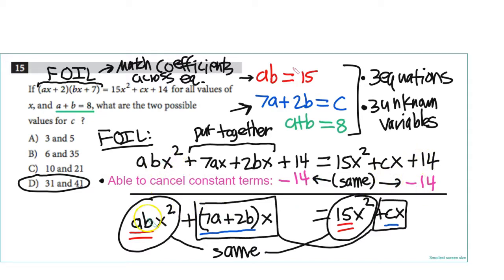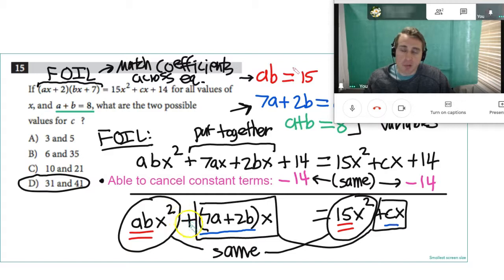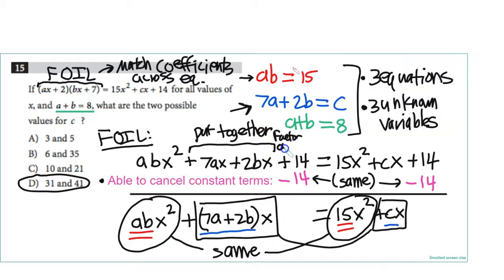So we get abx squared plus, and then here we actually factor out the x on the right. So we factored out the x on the right, and we've got 7a plus 2b times x on the right is equal to c times x.